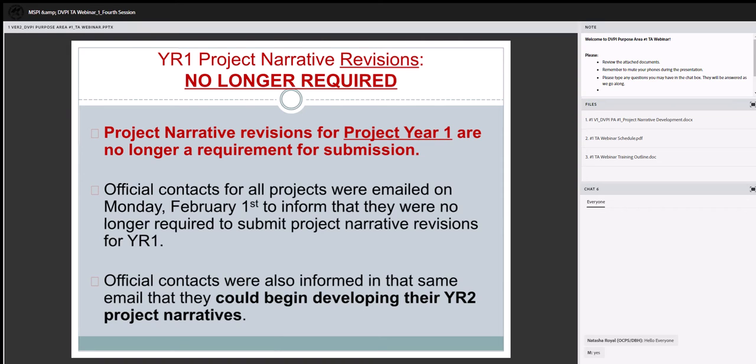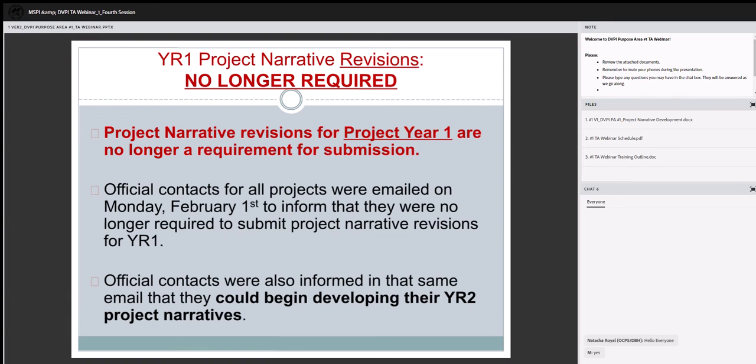Okay, so the official contacts for all projects were emailed on Monday, February 1st to inform them that they're no longer required to submit project narrative revisions for Year 1. So in Denver, we told everyone to do that, and now we're saying it's no longer necessary. And they were also informed in the same email that they could begin developing their Year 2 project narratives.